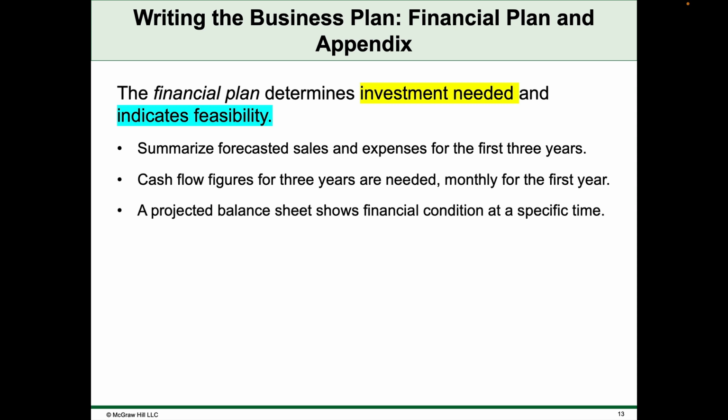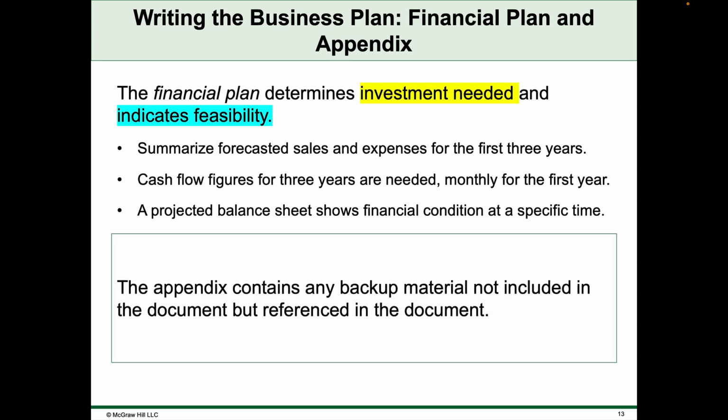You will have thought about what is going to happen in year 1, year 2, and year 3. And that lets your venture capitalists know that you have a plan, that you have a goal to achieve. Your cash flow figures for the first 3 years will be needed as well, with the first year's projections provided monthly, and then the projected balance sheet.